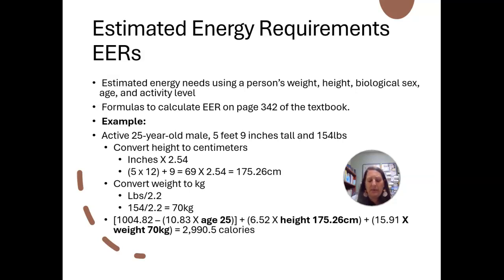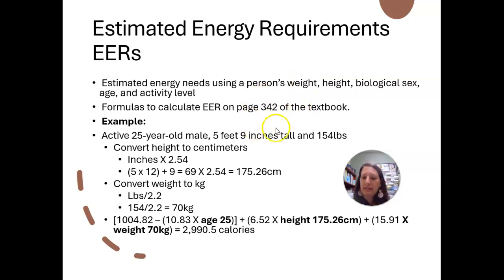Okay, so we're looking at the person's weight and height, biological sex, age, and activity level. So again, there's more factors when we use these equations. The formulas to calculate EER using this method, which again takes into account weight, height, and more specific activity levels, they're going to be found on page 342 of your textbook.